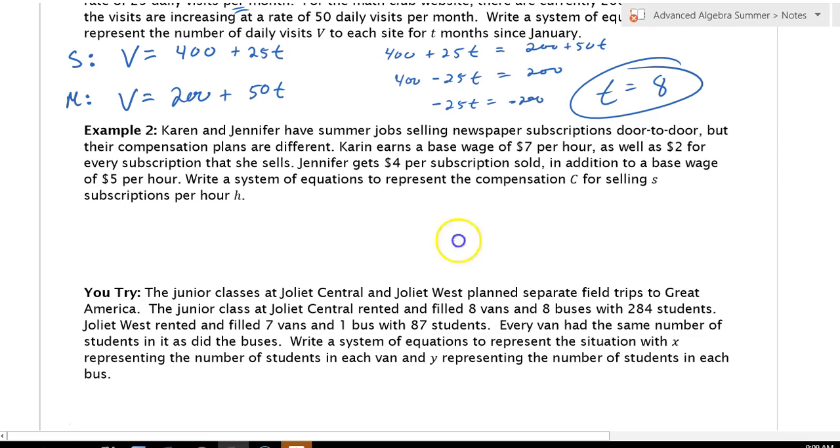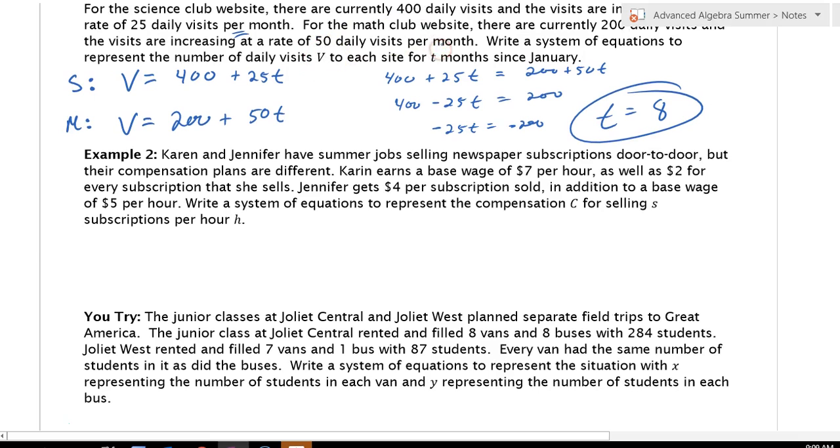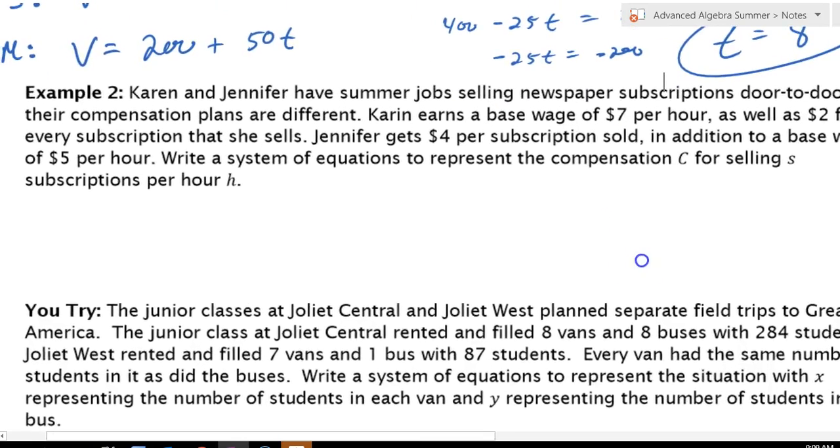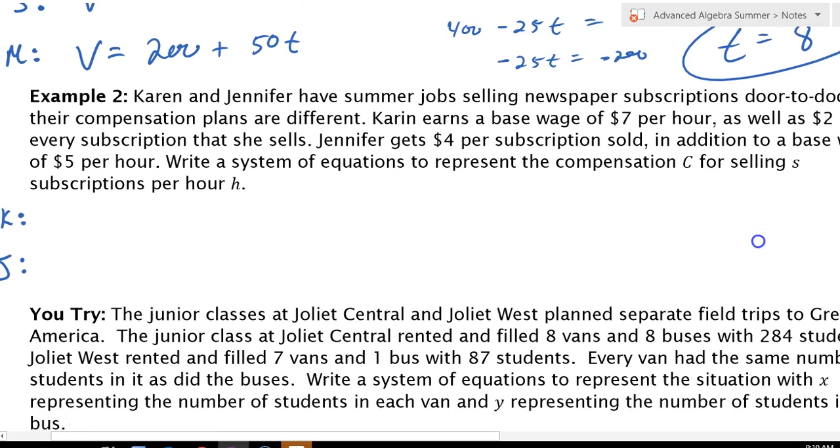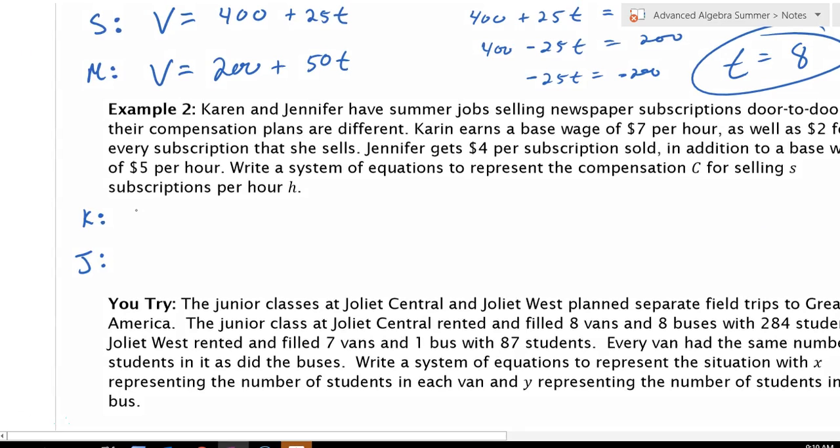So we'll notice the difference here. Here we had 2 variables. That told me I could set it up like this, where one is equal to something involving the other. This one's giving us 3 variables. So first step, I can always set it up where I have these 2 ideas. So I have Karen, and I have Jennifer. Now, we notice we have a capital C, so that kind of gives us our idea where we start.